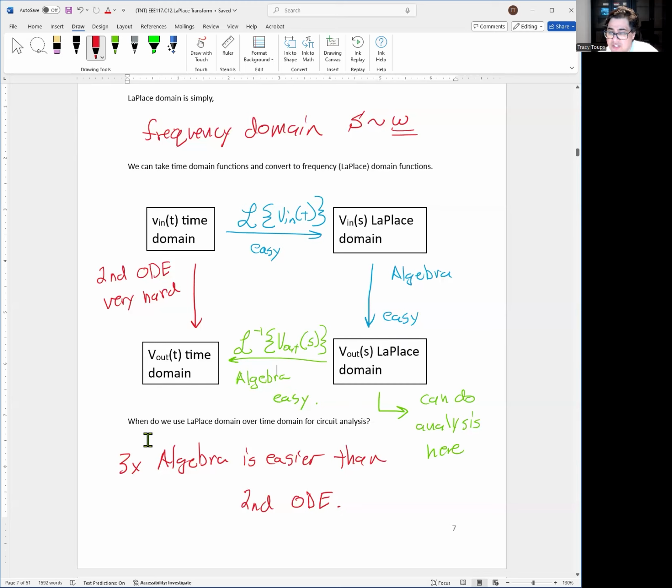So the question is, we have 3 extra steps: Laplace transformation, algebra in Laplace circuit analysis, and then inverse Laplace transform. So it's 3 steps of algebra. The question is, are 3 steps of algebra easier than a single second order differential equation?